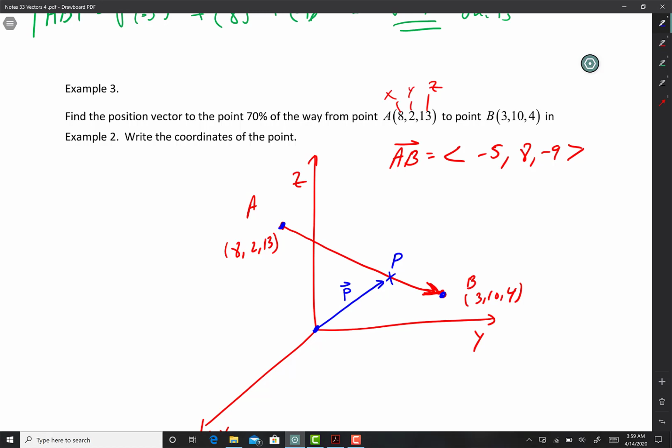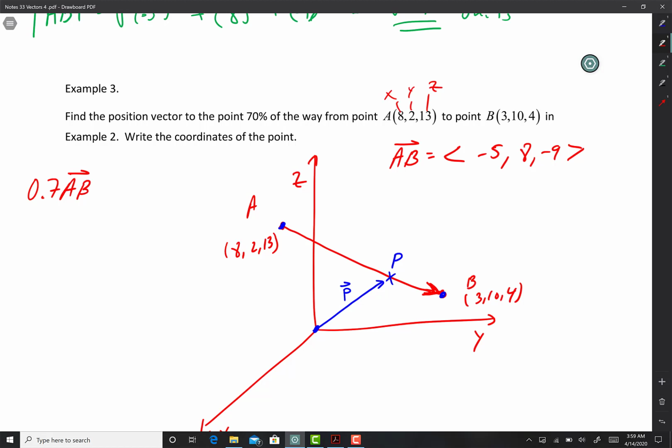Okay, so how do I find that vector? Well, I need 70% of AB, so I'm going to find this one. I'm going to go back to red. I'm going to find 0.7 AB, and that's easy to do, guys.